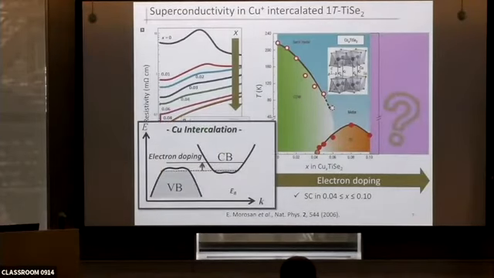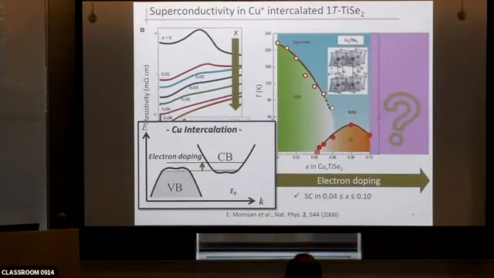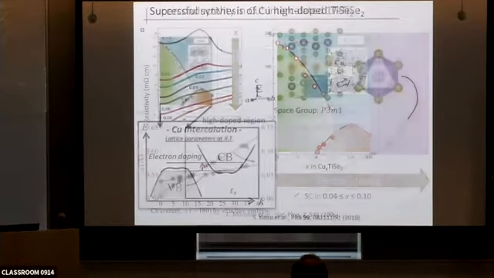Potassium intercalation corresponds to electron doping to the titanium selenide layers. So it is interesting how the electronic state of titanium diselenide changes when the hole pocket disappears by doping. Will a two-dimensional CDW be realized?